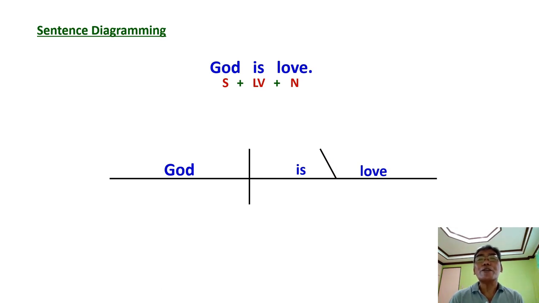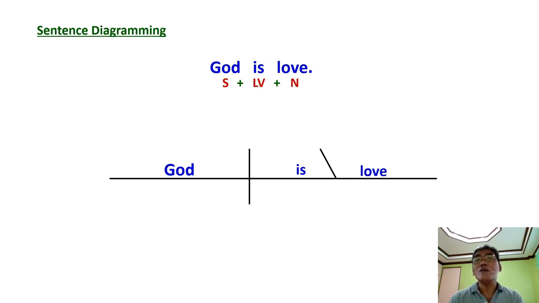There are only 3 words comprising our sentence, God is love. We don't have any word, phrase, or clause related to our subject, God. So, we must leave the lower left section blank. The same is true when it comes to our predicate.